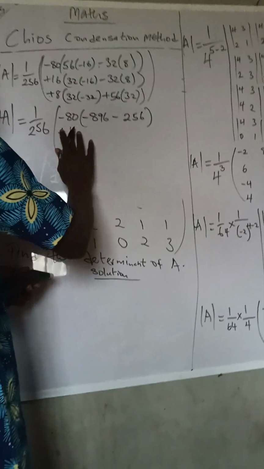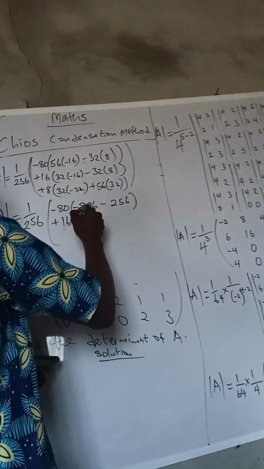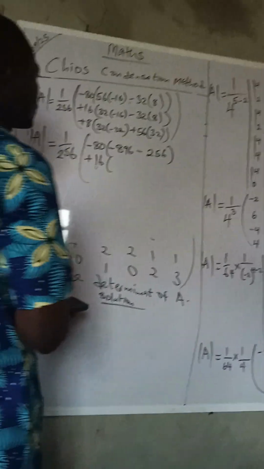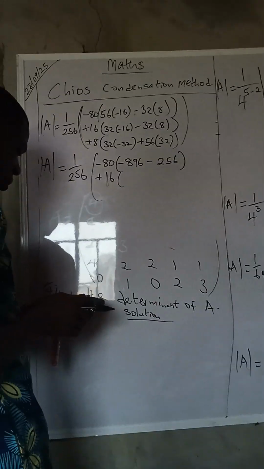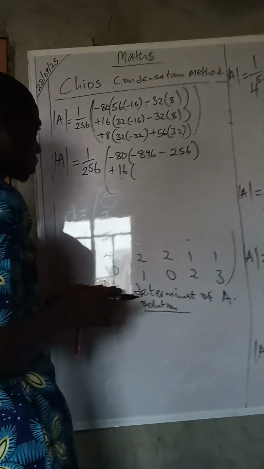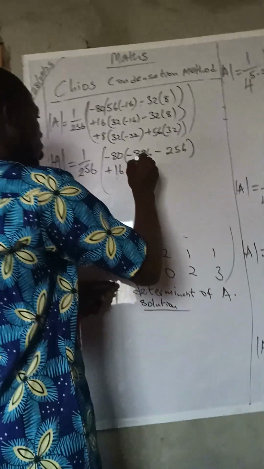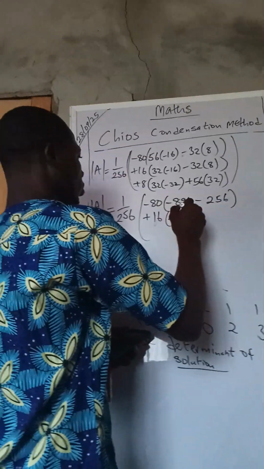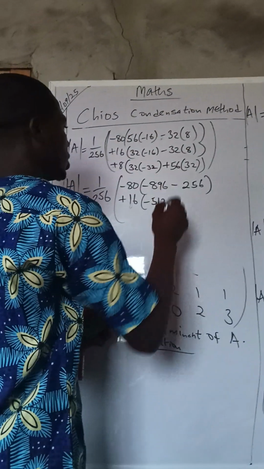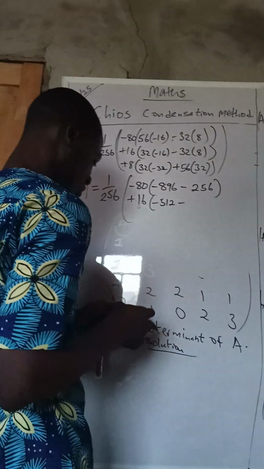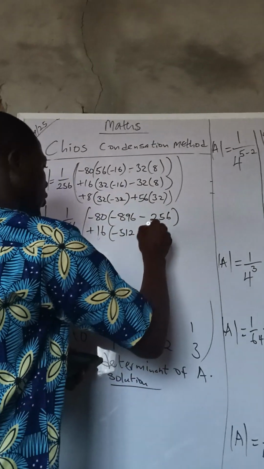Plus 16 into 32 times 16, which is minus 512, minus 256.